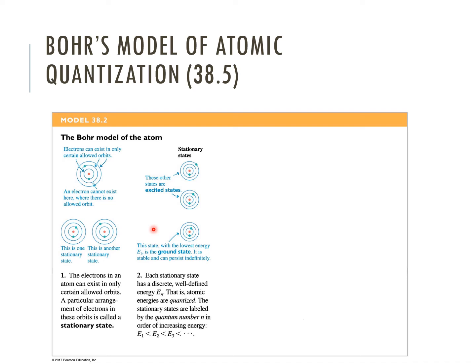What's going to happen is you can take one of these electrons and you can excite it. You can kick that electron into a higher orbit. We'll look at the equation in the next video, but being in a different orbit is going to have a different energy value.